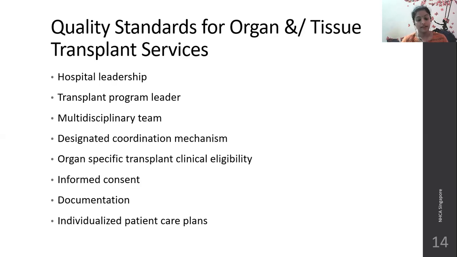And finally, individualized patient care plans. No two transplant patients may have the same care plan. Depending on the age factor and the risk factor, care plans may vary from one patient to another. So every transplant patient's care plan is individualized.